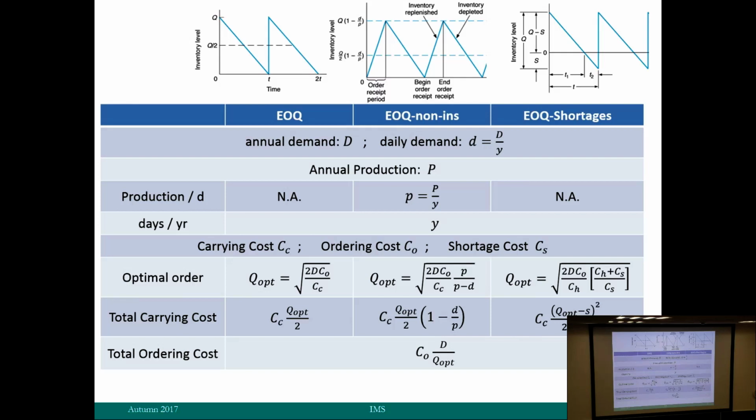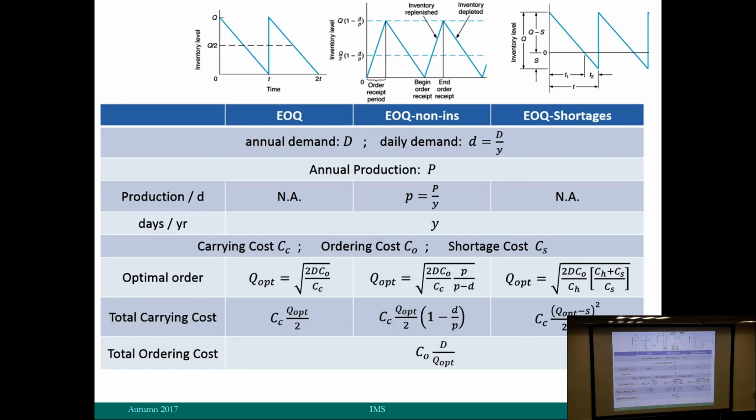And actually Wolfgang suggests we don't need to give the equations in a final exam. This is his suggestion, but I guess maybe it's not the best way. So some of the equations will be given, especially for EOQ and EOQ non-instantaneous, because for most of the cases. For the shortages, that's much more complicated, so usually we don't test that in the exam.